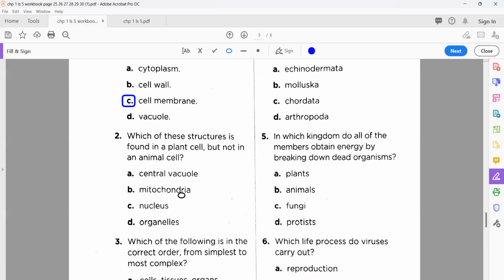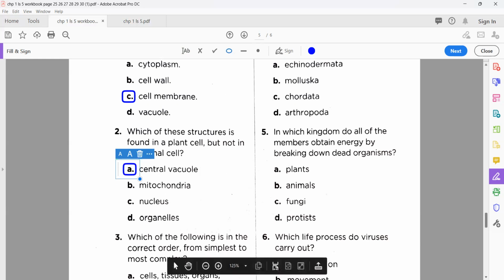Mitochondria, that is also the powerhouse that gives energy, that is present in both types of cell. Vacuole is present, no doubt, but it gives you a little hint here: central vacuole. In a plant cell, there is a big central vacuole, but in animals, there are many small ones.